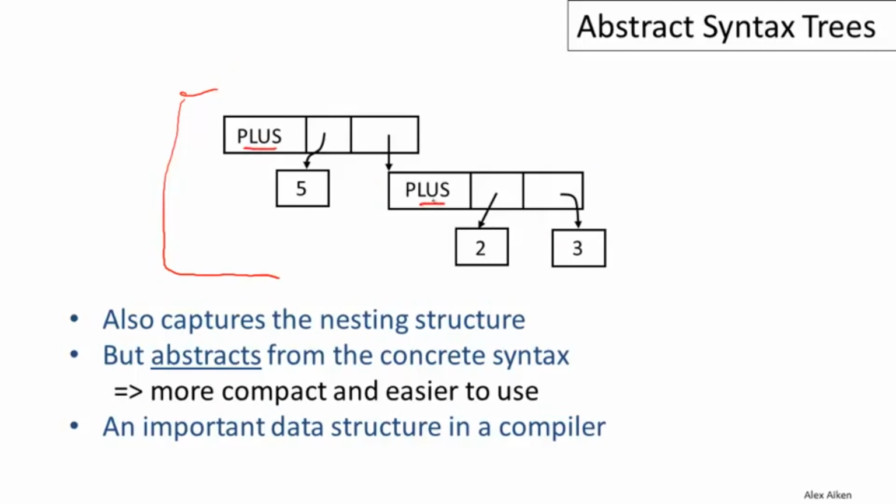We have the 2 plus nodes, we have the 3 arguments, and the association is just shown by which plus node is nested inside the other. We don't have any of the extraneous non-terminals. We don't have the parentheses. Everything is much simpler, and you can imagine that it'll be easier to write algorithms that walk over a structure like this rather than the rather elaborate structure we had on the previous slide.